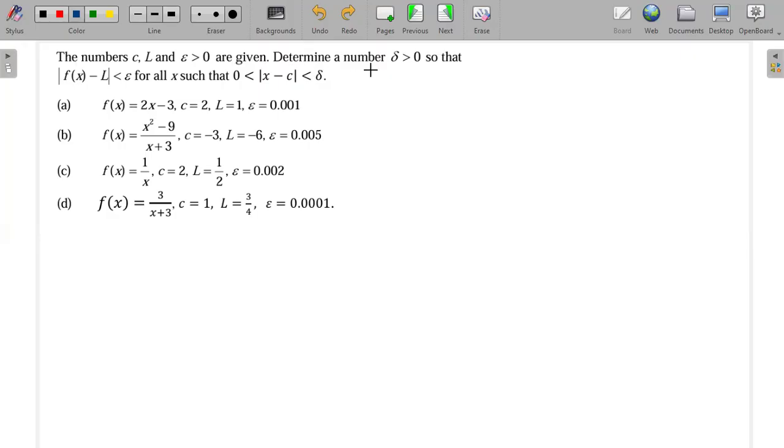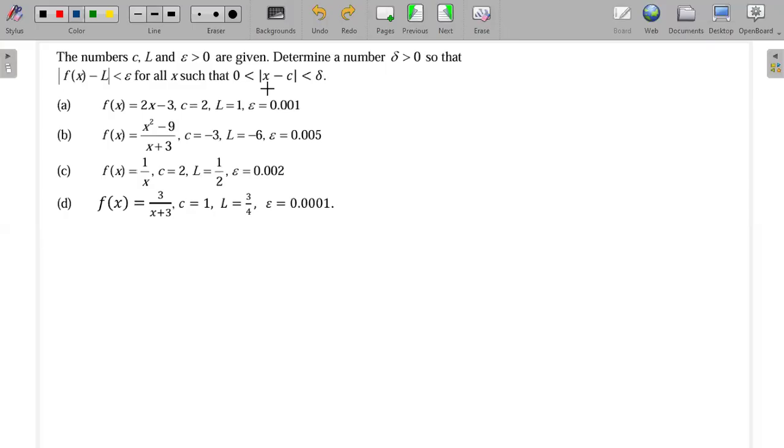Then they're saying determine a number delta that is greater than 0, such that if the absolute value of the difference between the function f of x and the limit has to be less than epsilon, for all x such that the absolute value of x minus the value I'm approaching, which is c, is between 0 and delta. That is the definition they've given you. That is actually the formal definition of a limit.